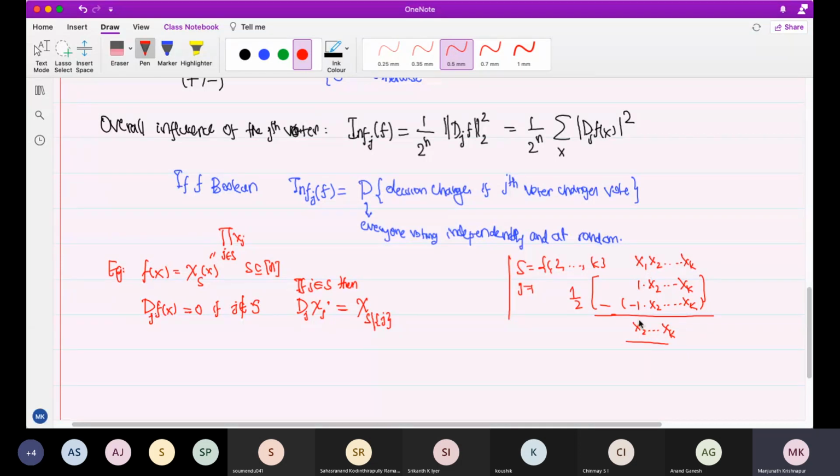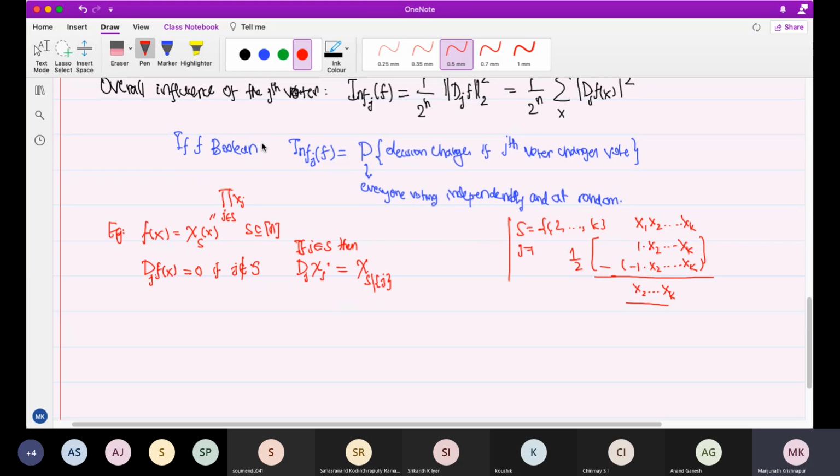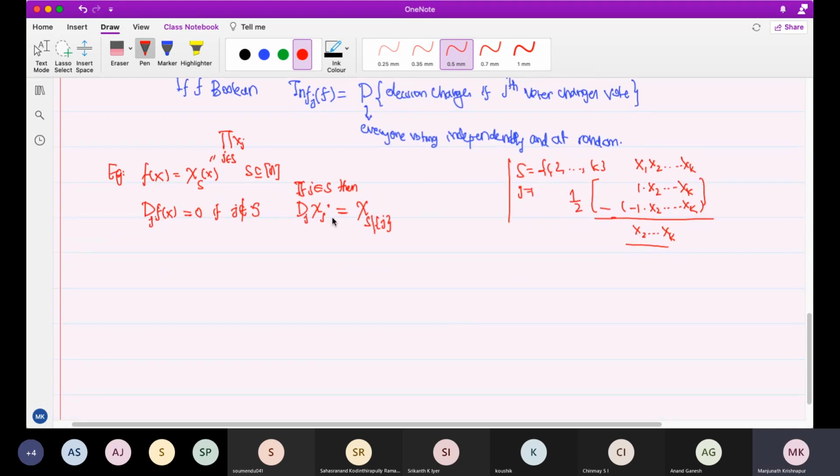This is just chi S of x, where S is 2 to k. You have just dropped the index with which you are differentiating. Is that okay? This is the usual way you differentiate, right? If you differentiate x1, x2, up to xk with respect to x1, what do you get? You just get x2 to xk. Formally, it's exactly the same. So that one disappears, right? So d_j of chi S is actually chi S minus j if j is in S.